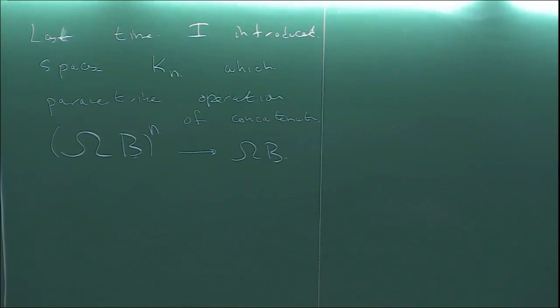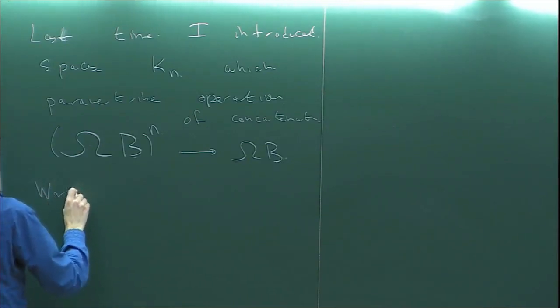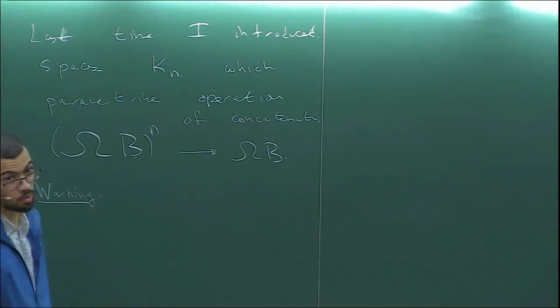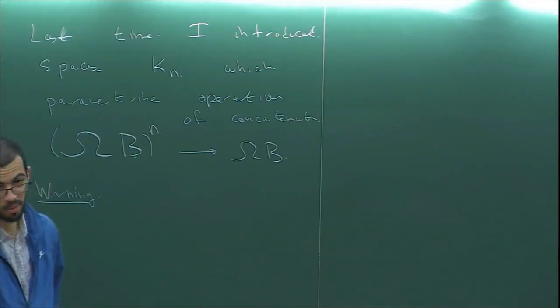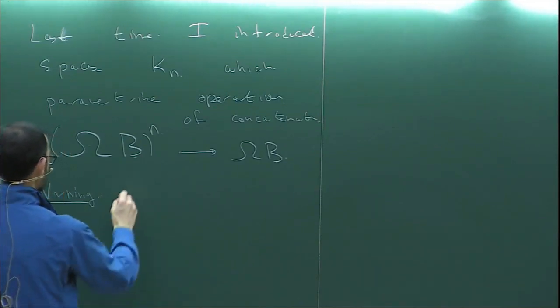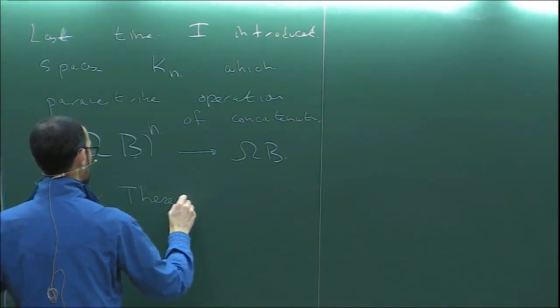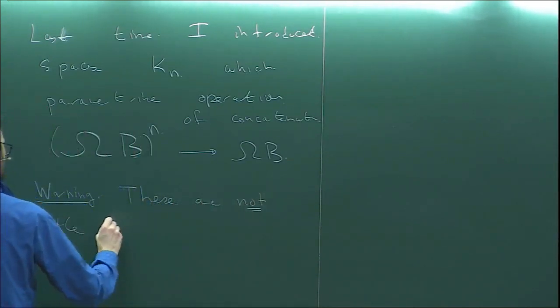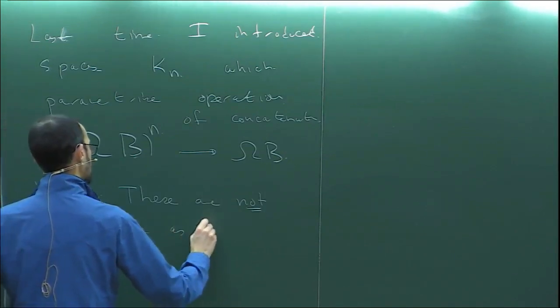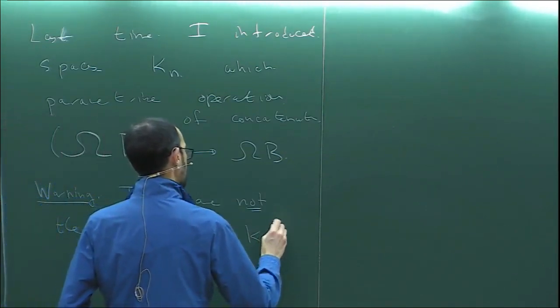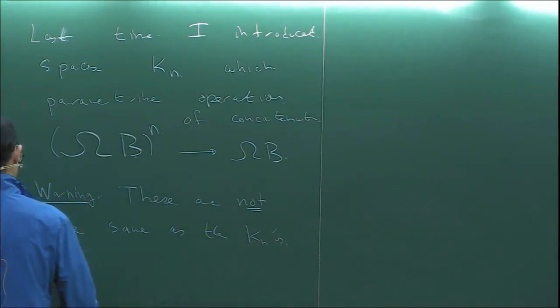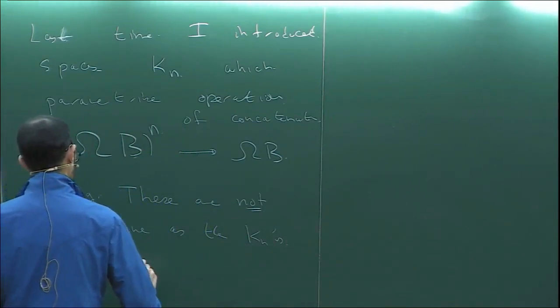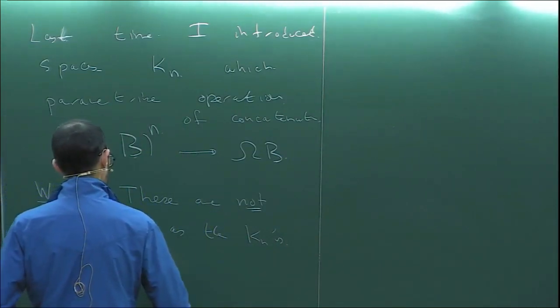So the first warning is that in Basu's talk yesterday, the second evening talk, he also talked about spaces Kn, but unfortunately they're not the same as the Kns from that talk.